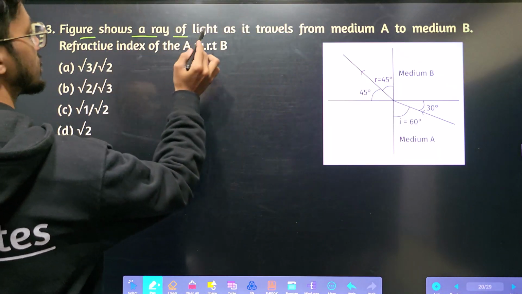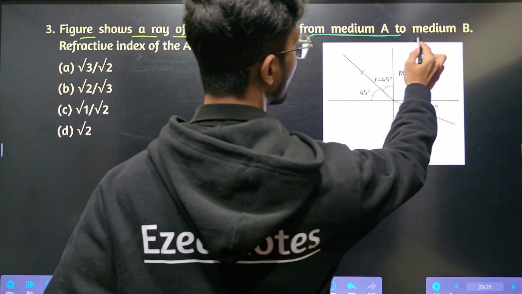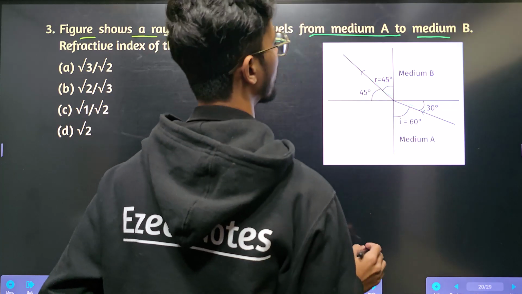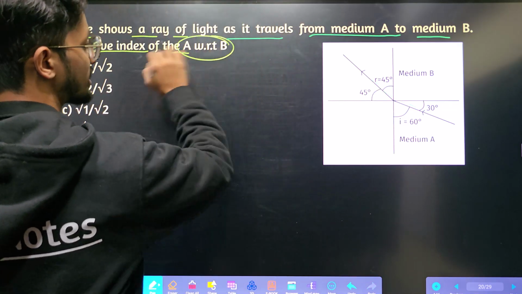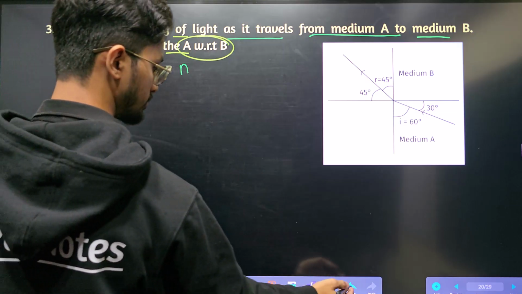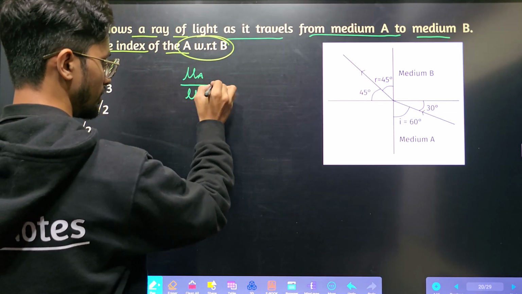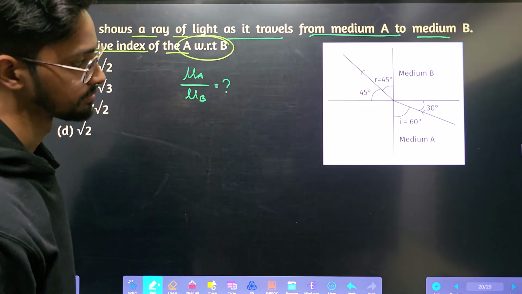Next, figure shows a ray of light as it travels from medium A to medium B, from here to here. This way it's going. Okay. Refractive index of A with respect to B, that is nothing but mu A by mu B, we need. Okay.